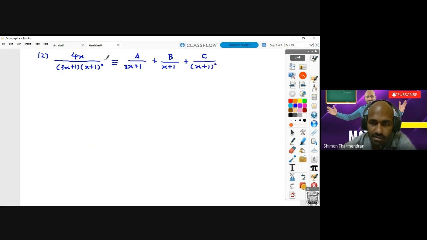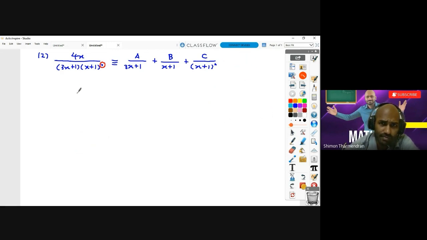So whenever there's a square outside, this is the way you do it. You keep going down until you reach the square. So if there was a power 3 here, you go until D over (x plus 1) cube. But usually you won't get until power 3. I'm just showing you. So that's the way of splitting when you got a repeated factor.